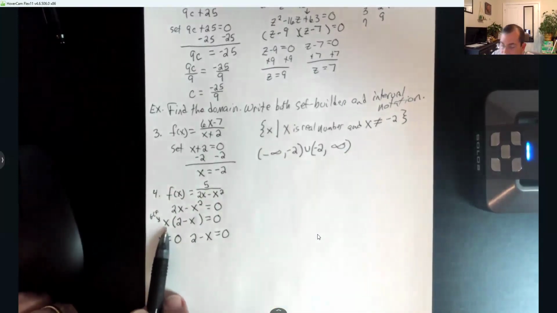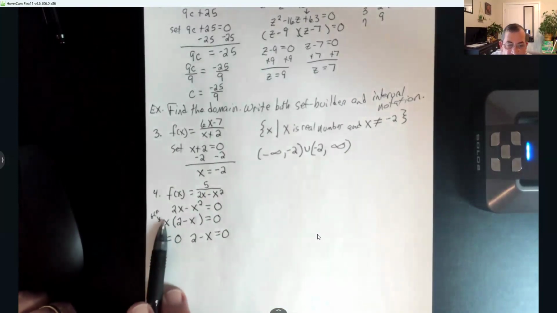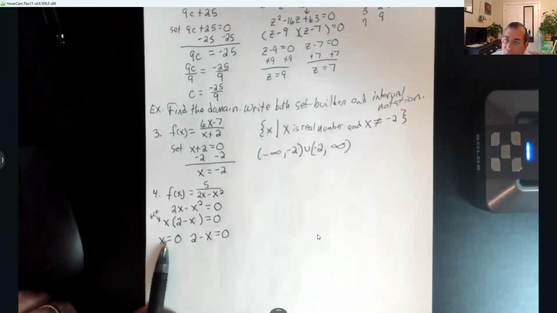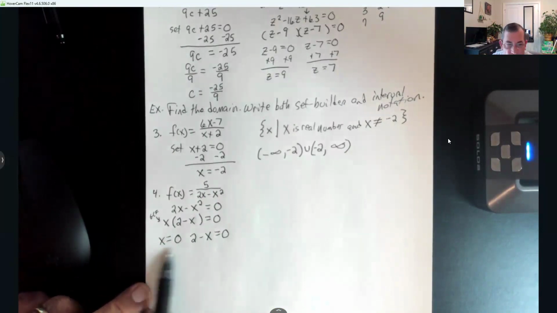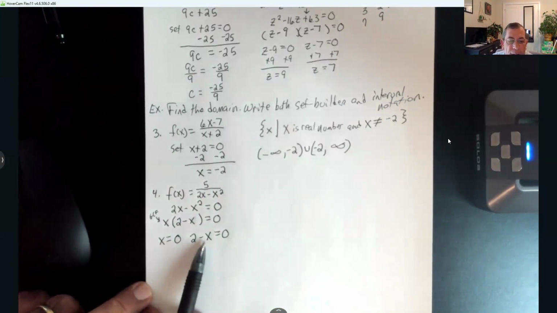Well, y'all, here's the single x. Every time we had a single x out here, it always equaled 0. And we did that the other day in, what was it, like 8-2, when we were playing with factoring, sort of. Now this one, I'm going to have to solve.